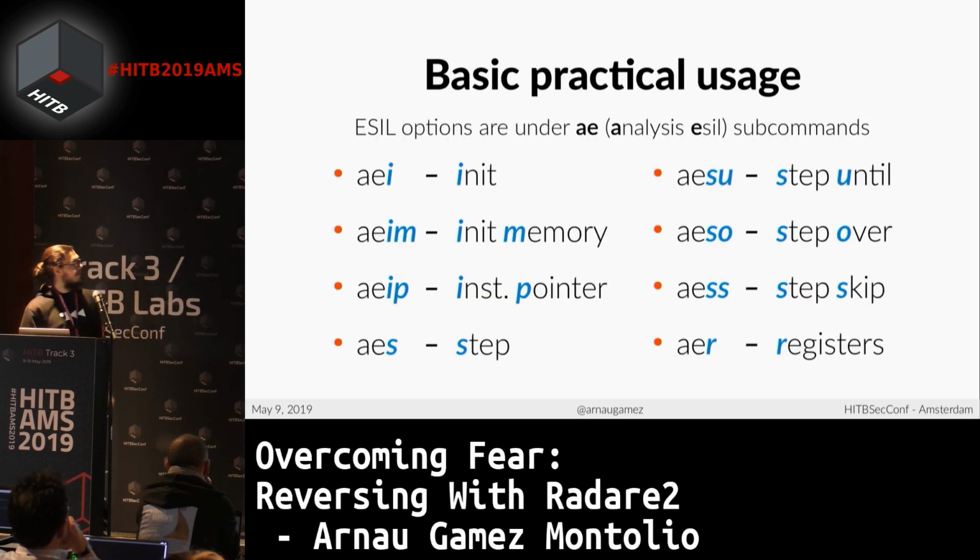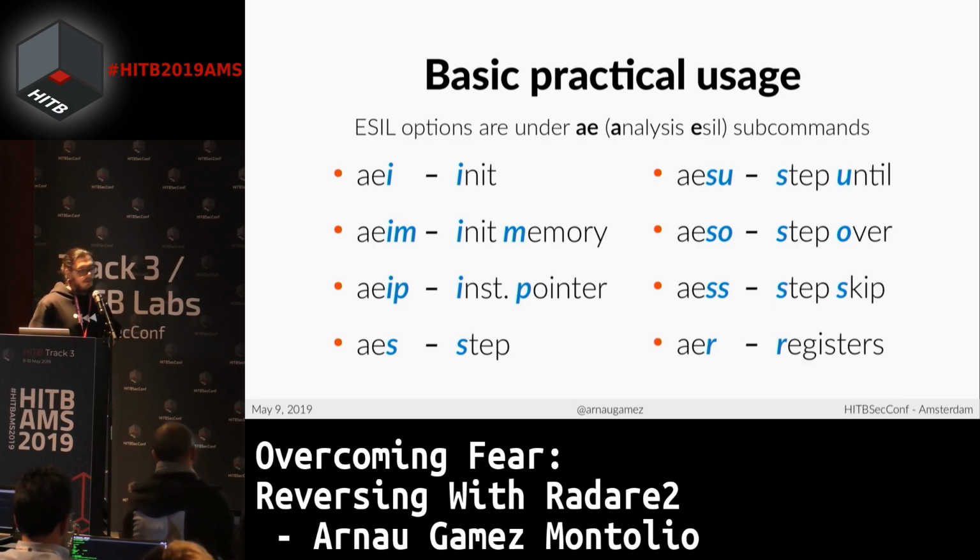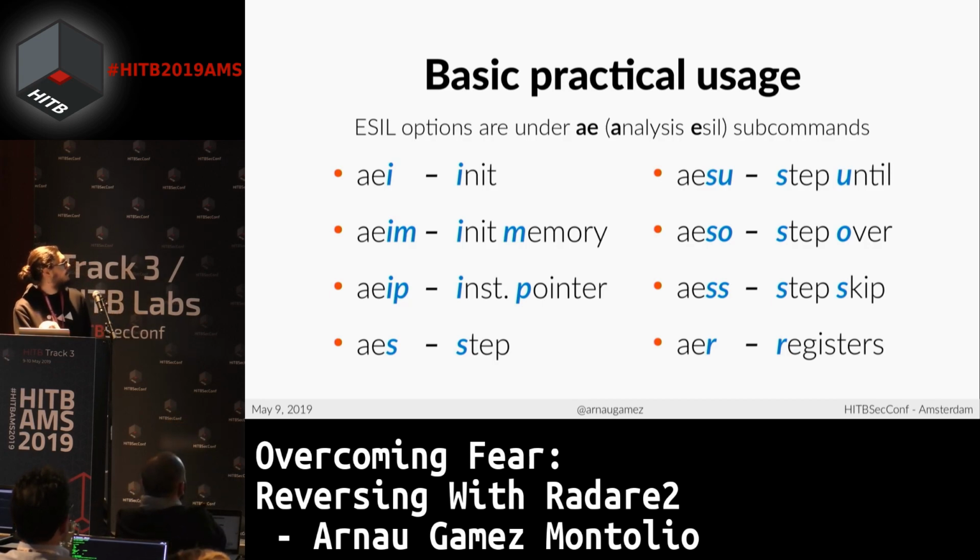And this is another important slide. As I said, the ESIL options are under the ae subcommands, which is the analysis ESIL. And we have, for example, aei for init, aeim for init memory. Just to point out, if we initialize the memory, automatically we have initialized the stack machine. So usually, if we don't need a memory, don't use the aeim. But if we need to use it, we don't really need to first initialize and then initialize memory.